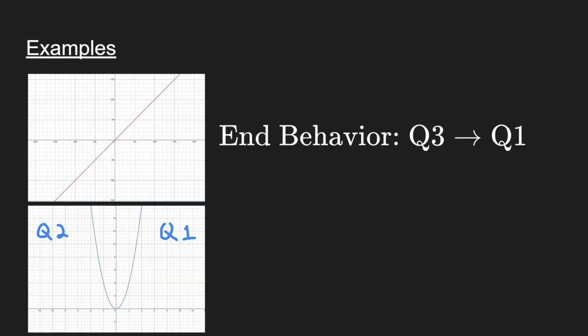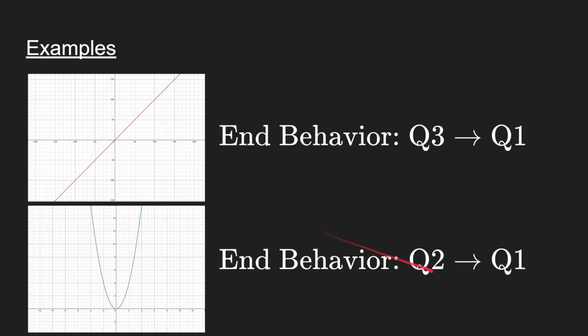Basically what this is saying is as x approaches negative infinity, we're going to quadrant 2, and as x approaches positive infinity, we're going up to quadrant 1. So let me erase this, turn this off. There we go, it'd be from quadrant 2 to quadrant 1. Hopefully that makes sense.